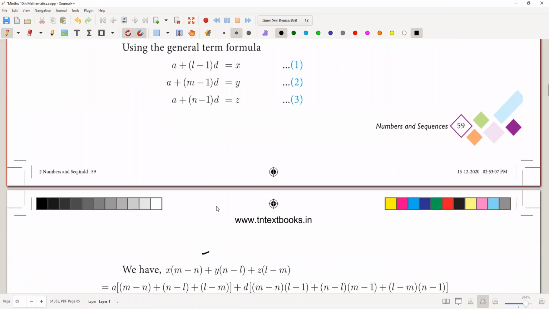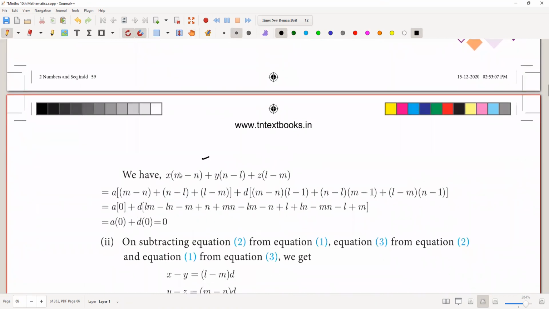We have to show this is 0. When I substitute each and every value of x, y and z, automatically I will take things common and everything would be cancelled. I'll be getting a 0.